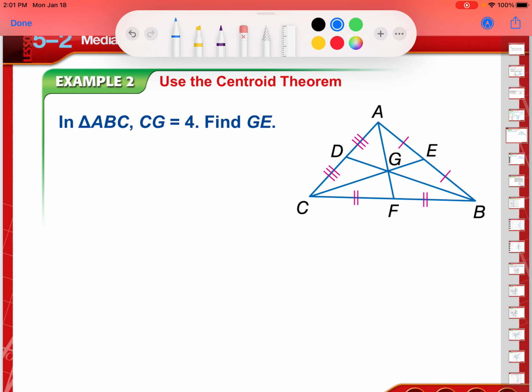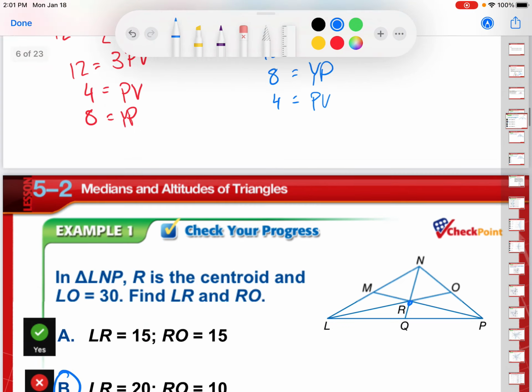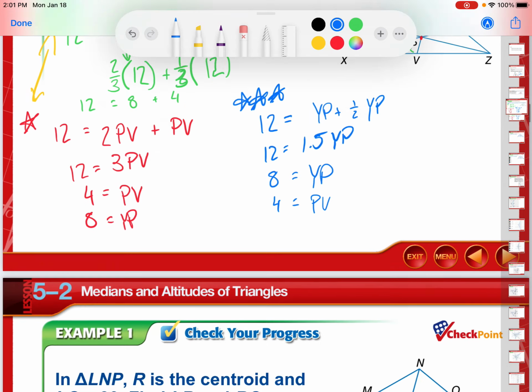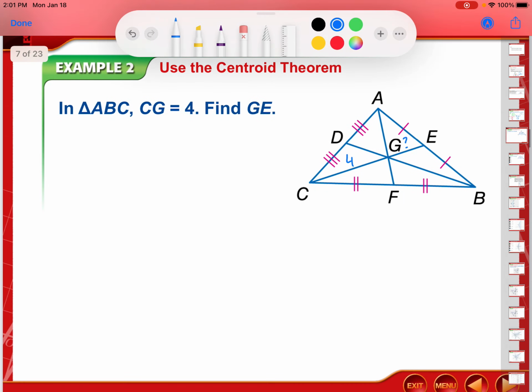Continuing on, in triangle ABC, CG is 4. Find GE. So in this case, I'm going to use one of these other equations. I'm probably going to use the blue one in this case, because I don't know what CE equals.